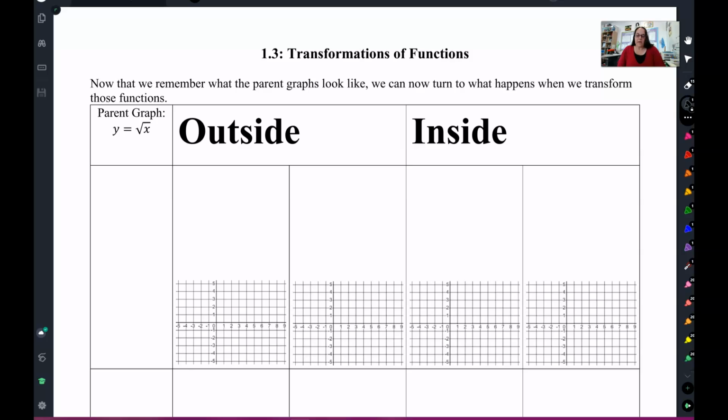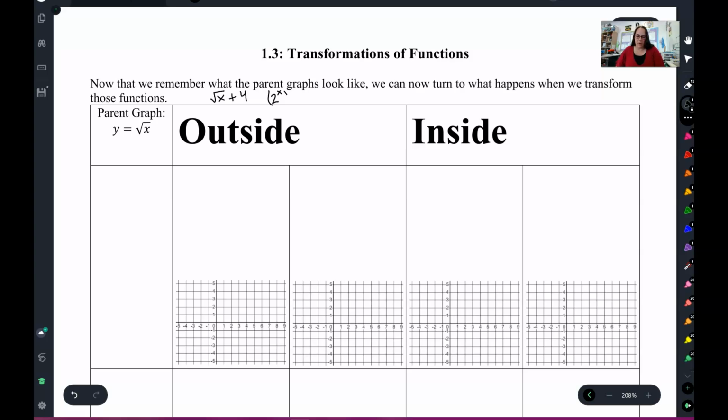First off, if you have anything happening outside the function, let me give you some examples. Here's a square root function. If I am adding something to the outside of the square root. Or let's do an exponential. Here's 2 to the x.